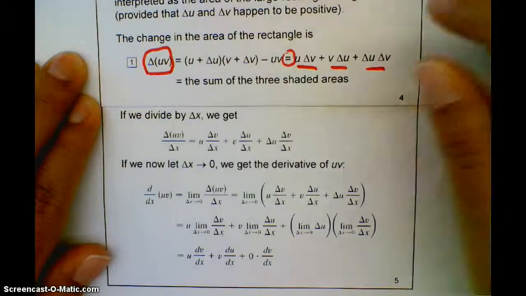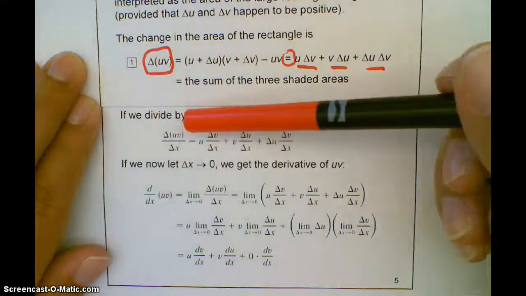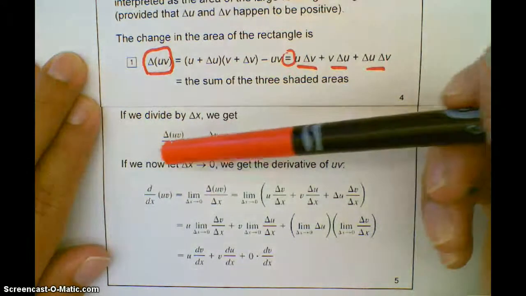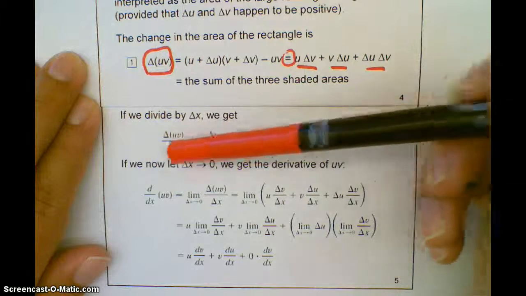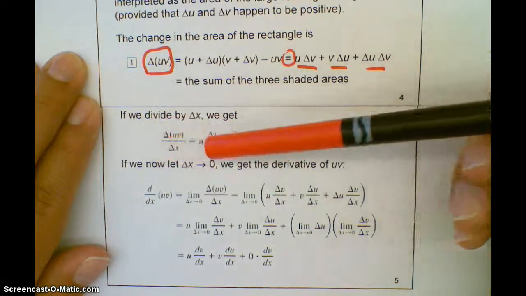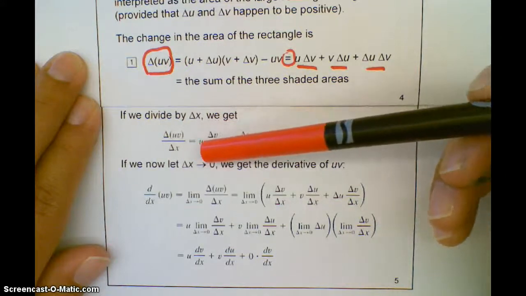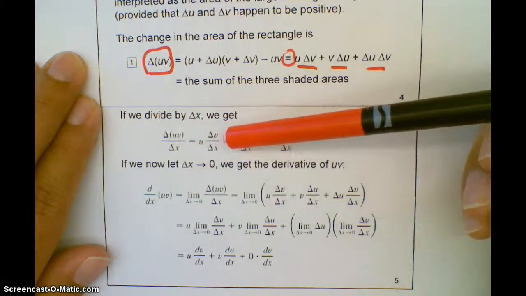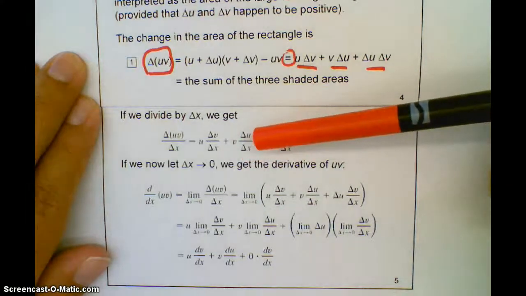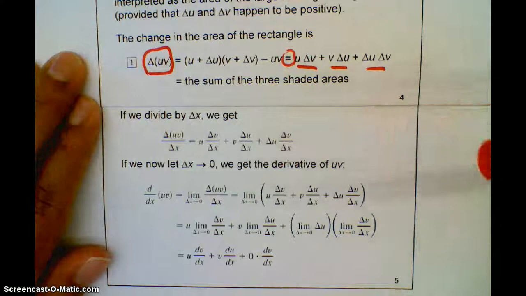So if we see the change on functions as a rate of change, I'm allowed to divide every term in here by the change in x. So the change in the product over the change in x equals u times the change in v over the change in x, plus v times the change in u with respect to x, plus the change in u times the change in v with respect to x.